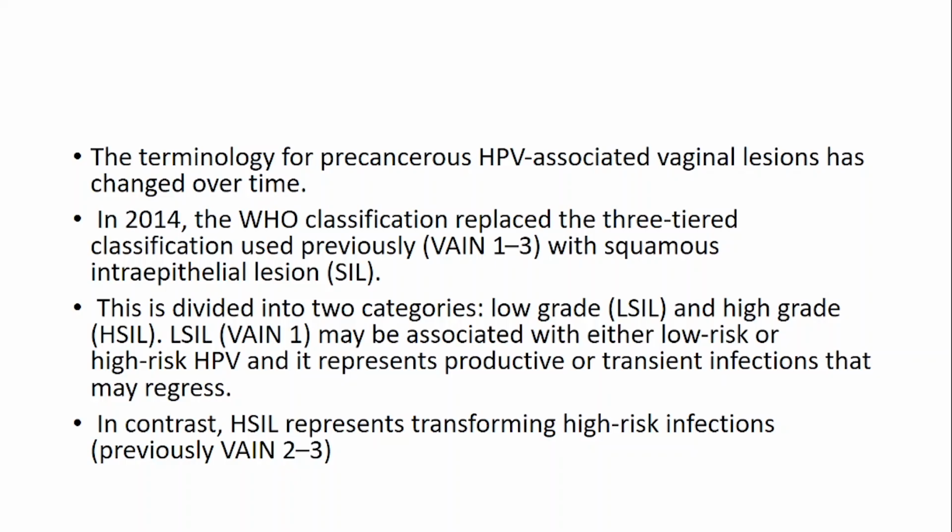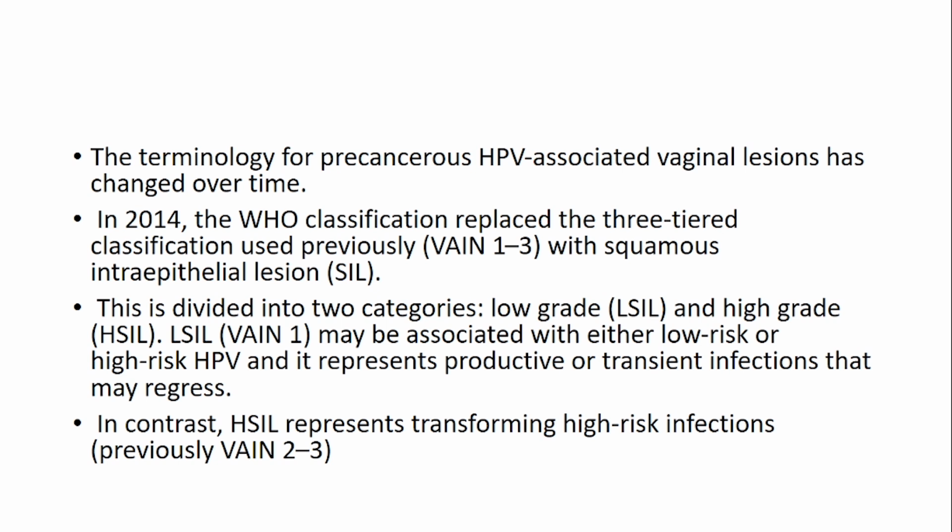The terminology of precancerous human papillomavirus associated vaginal lesions has changed over time. In 2014, the WHO classification replaced the three-tiered classification used previously, VaIN 1 to 3, with squamous intraepithelial lesions. This is divided into two categories, low grade and high grade.